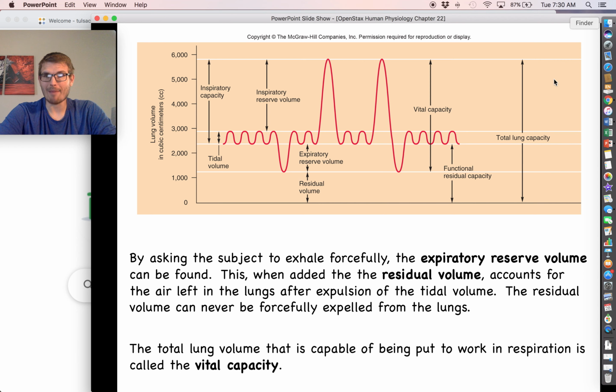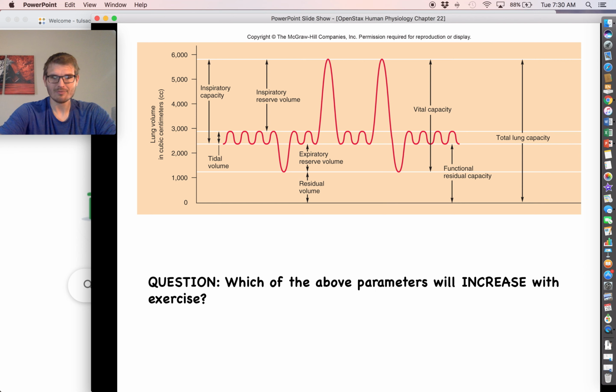So your total lung capacity in this case would be almost 6 liters, and then you would have to subtract a little over 1 liter to actually get your vital capacity, the actual volume of the lungs at any given time that is actually capable of being put to work for gas exchange.